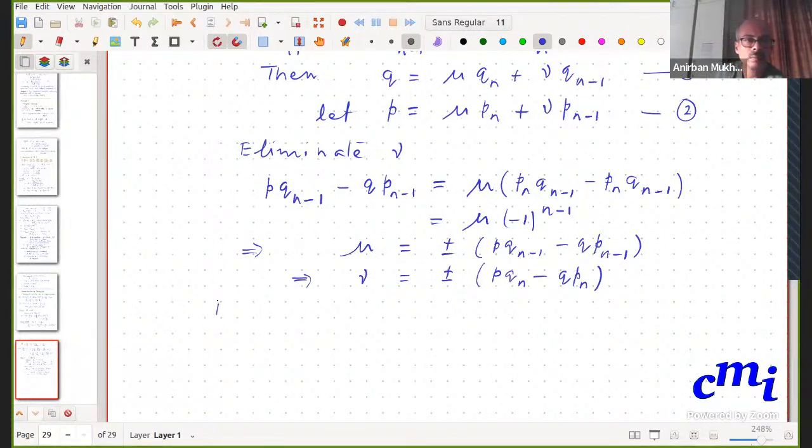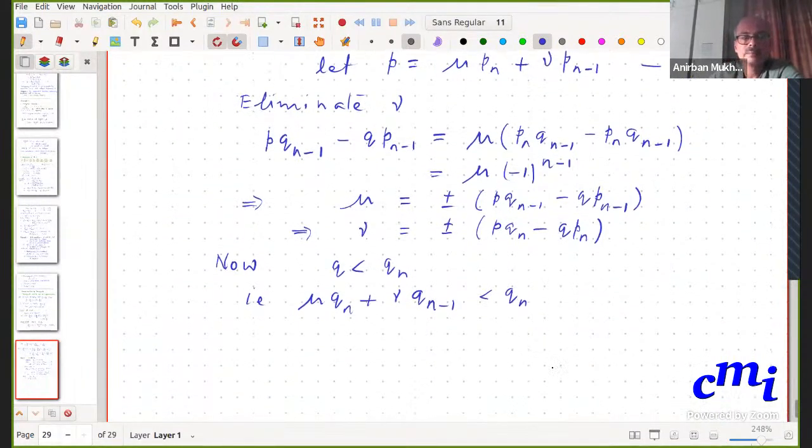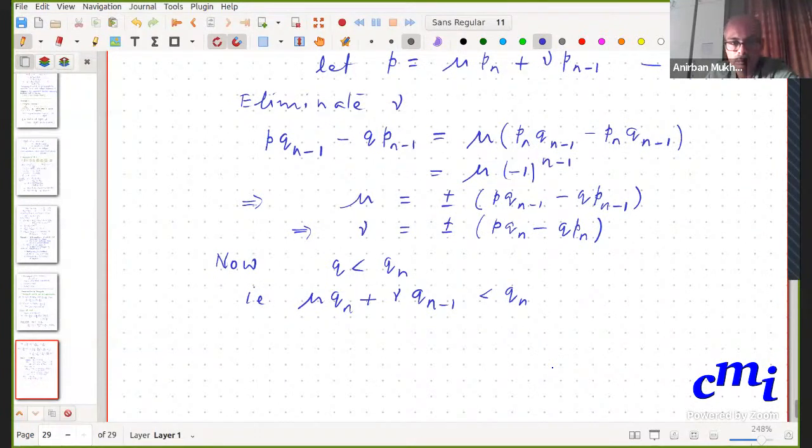Now, an observation. Q is less than Qn, and we have written Q as mu Qn plus nu Qn minus 1. So that is less than Qn. Therefore, mu and nu both cannot have the same sign.